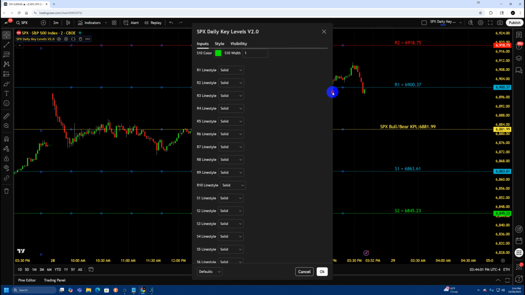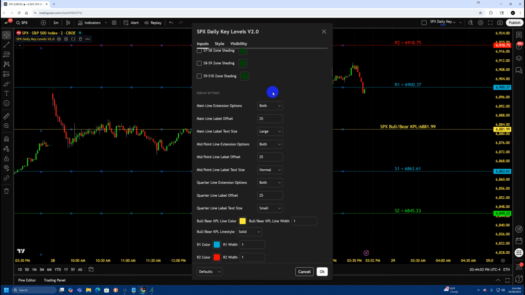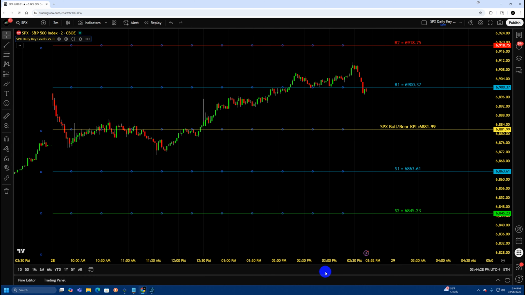Lastly, we're going to go back up to the display settings here, and where it says mainline extension options, you want to change it from both to right. This will make the main lines, which are the bull bear key price level and the main R1 through R6 and S1 through S6 levels, right only instead of in both directions.